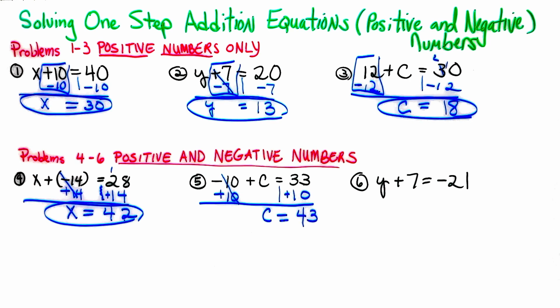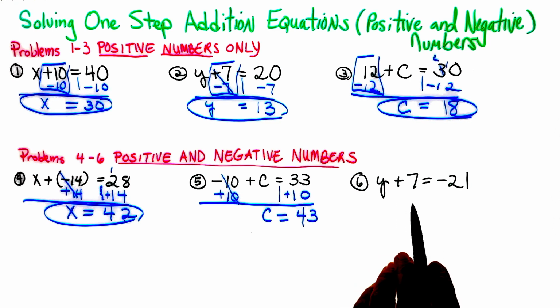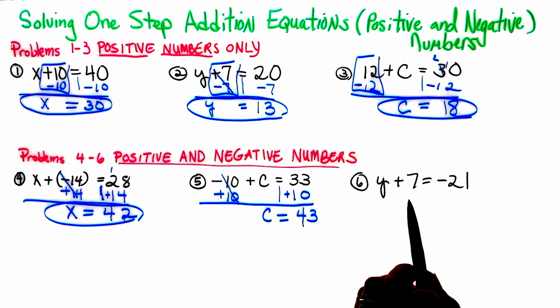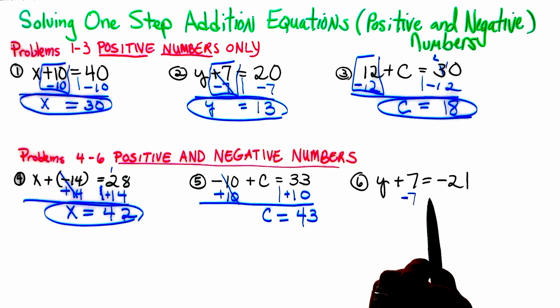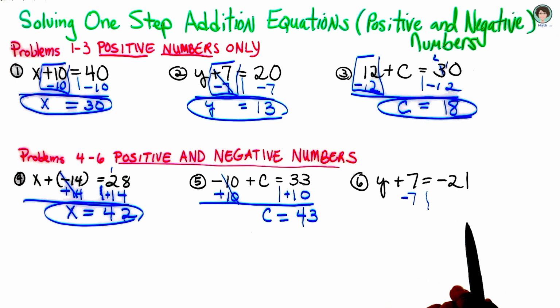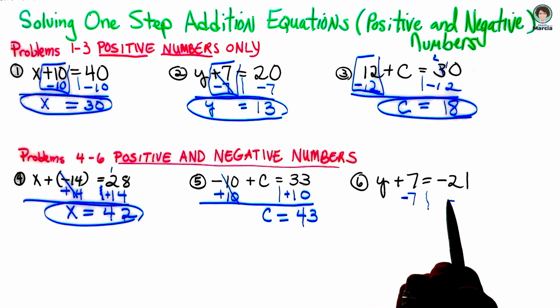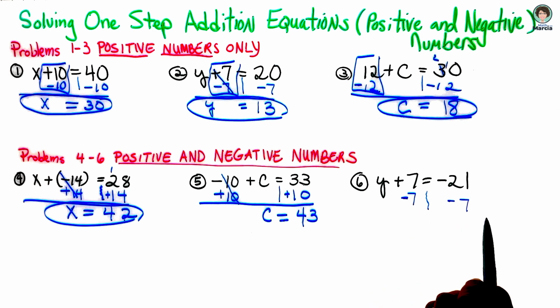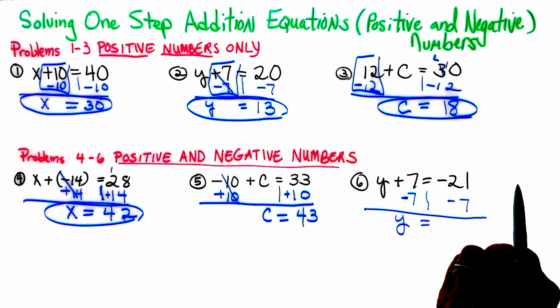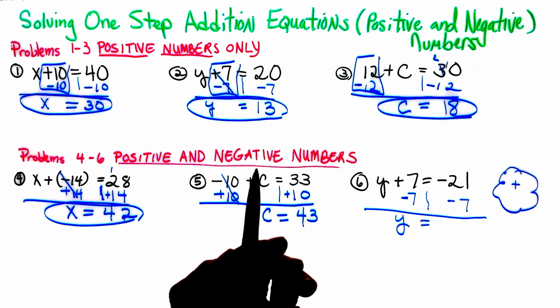Okay, and let's look at the last one. So I have y plus 7 equals a negative 21. Well, again, this is a positive 7, so I am going to have to subtract, and here's my little line that's dividing up my equation. Subtract 7 from both sides, or write a negative 7, so I have that pair of opposites. So it's y is equal to, and for my brain for this problem, I'm just thinking like I'm going to be adding them.